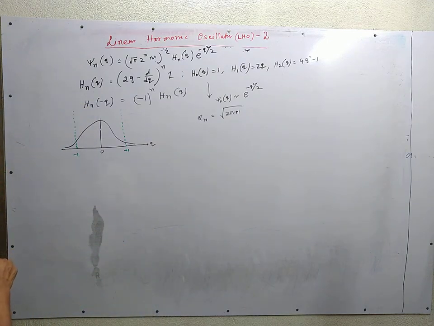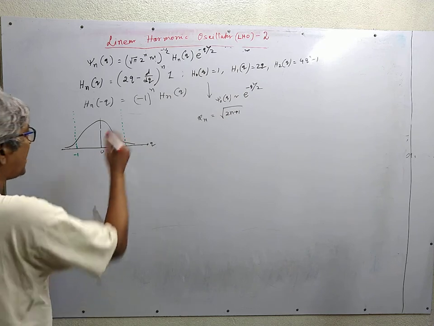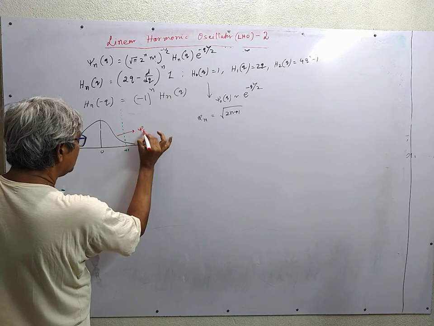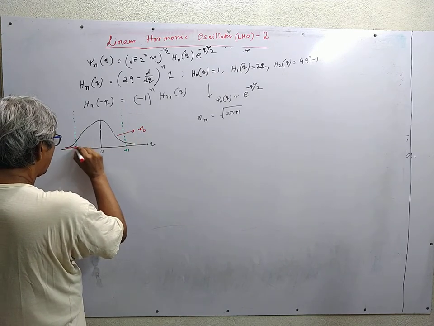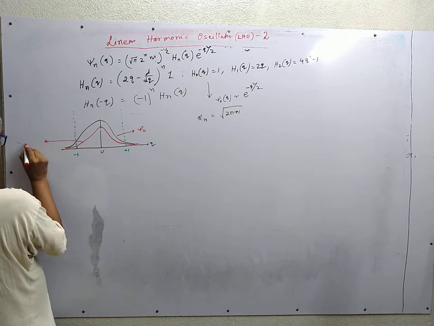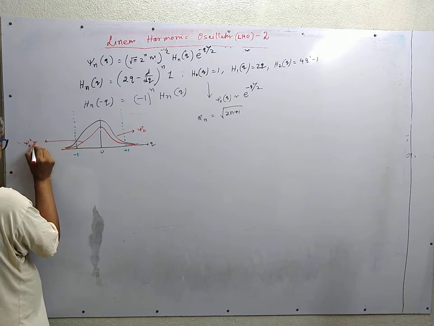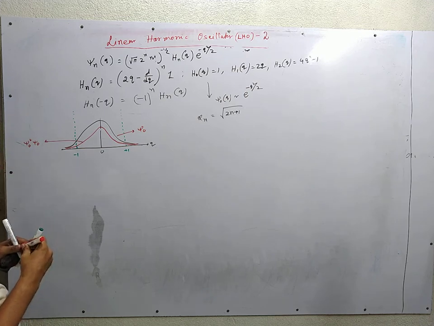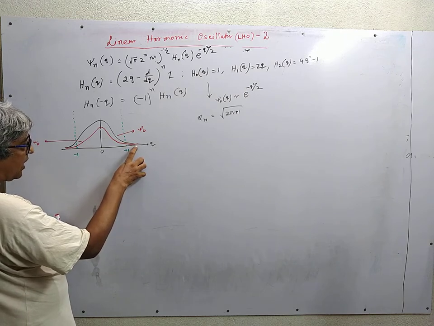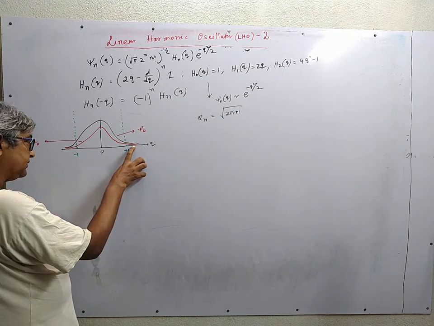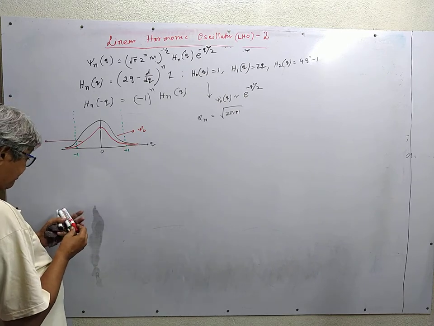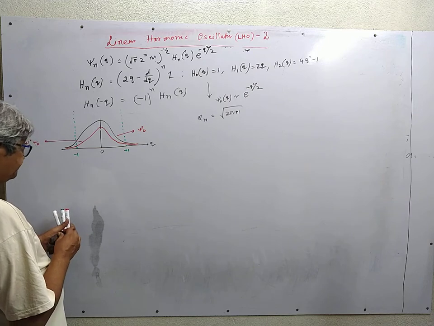If we plot psi star psi, this is the wave function psi 0, and this is psi 0 star psi 0. So it shows that there is a possibility that the harmonic oscillator, even in its ground state, will be found outside the classical region, that is, in the classically forbidden region.